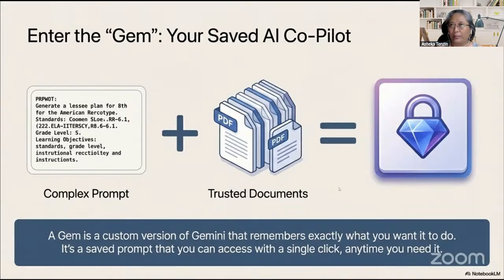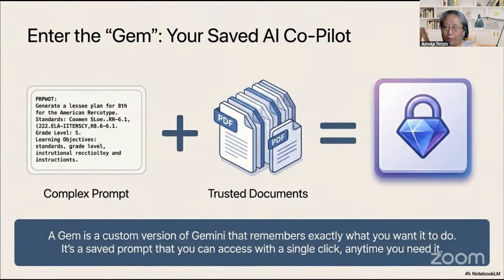If I want to create a criteria D assessment, the questions or the task have to be created according to the criteria, because you have to check the assessment based on the assessment criteria. Then you can upload the assessment criteria and the content of your book or of the text. Those are your trusted documents.